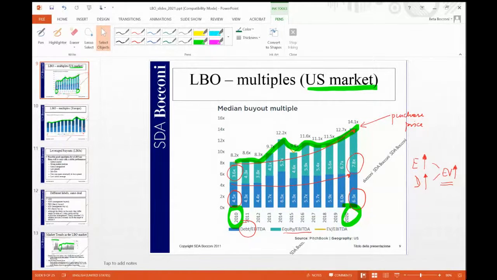But this is also compatible with a lower level of equity, because at the end of T5 you will have a higher level of MES still to be repaid. And so you can finance with a higher multiple and a lower level of equity, with good benefit for the same IRR for our shareholders. This is the typical case of markets that are going through a period of irrational exuberance.